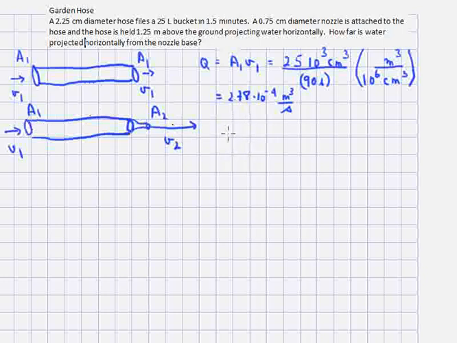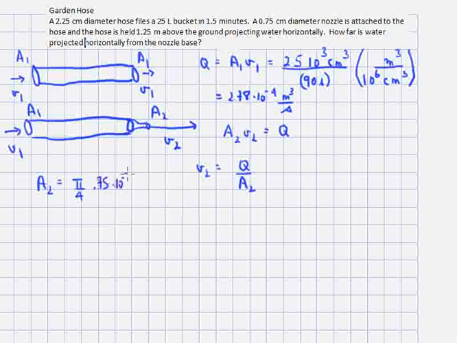And so I know that A2 V2 is also going to be equal to Q. And that allows me to figure out what V2 is. V2 is going to be Q over A2. Q is this number right here, and so A2 is going to be pi over 4 times the diameter, 0.75 centimeters.